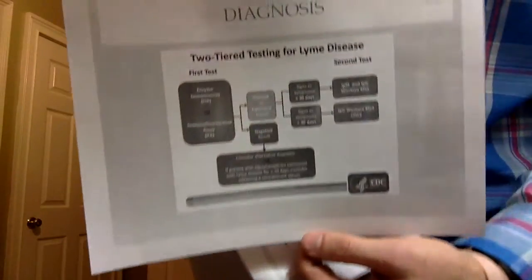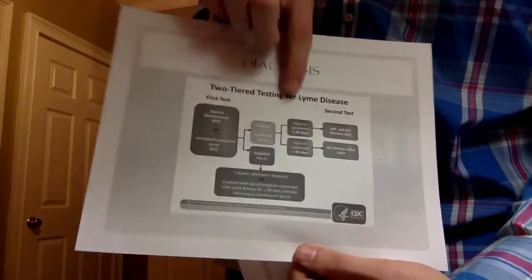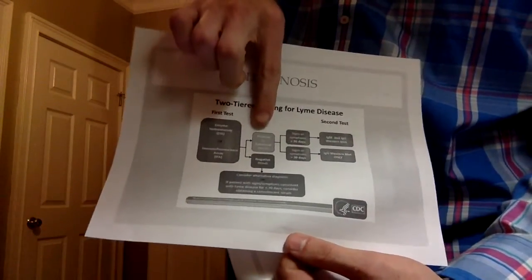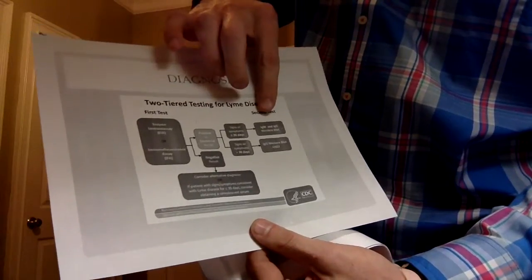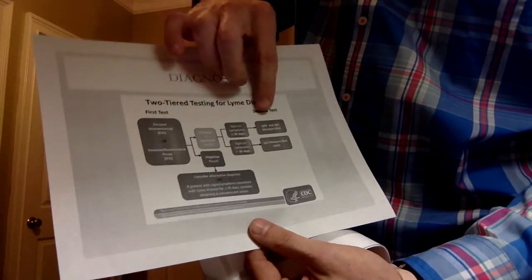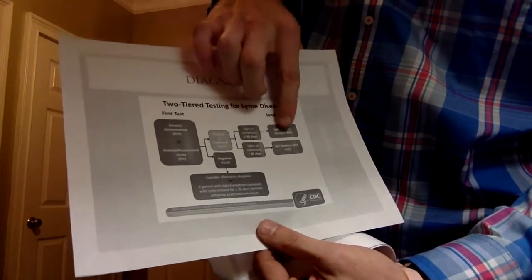If and only if both steps are positive, then a positive diagnosis of Lyme disease can be made. And this is a graphic showing the test. It shows the first test, and then it goes on. And if it is less than or equal to 30 days, then you use the Western blot along with the other test. And if it's greater than 30 days, you use only the Western blot.